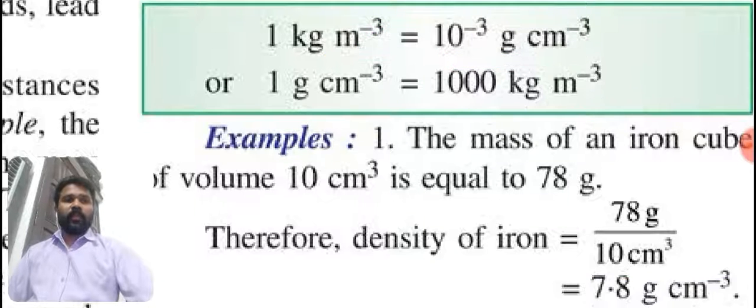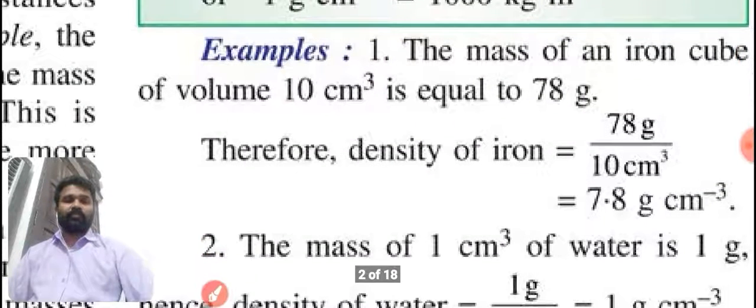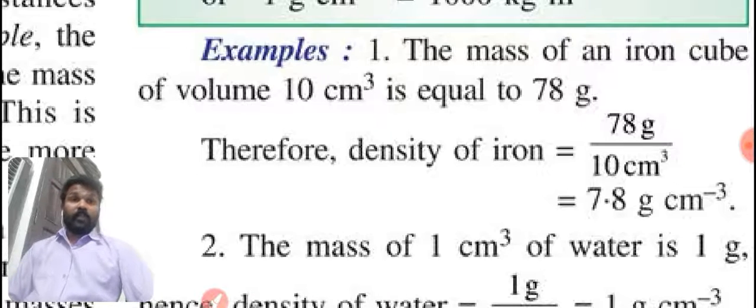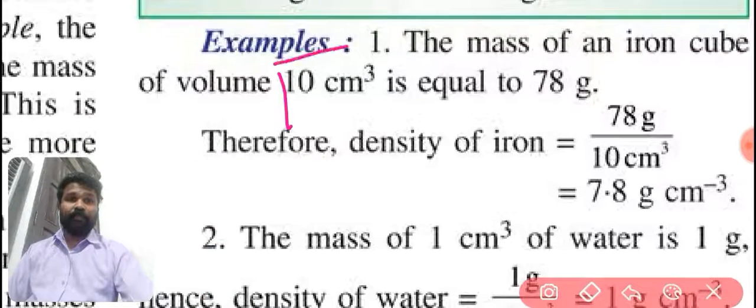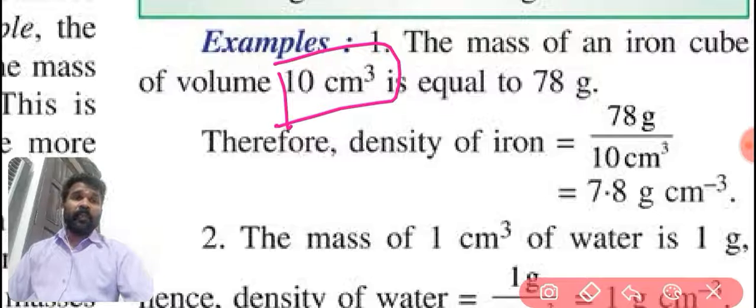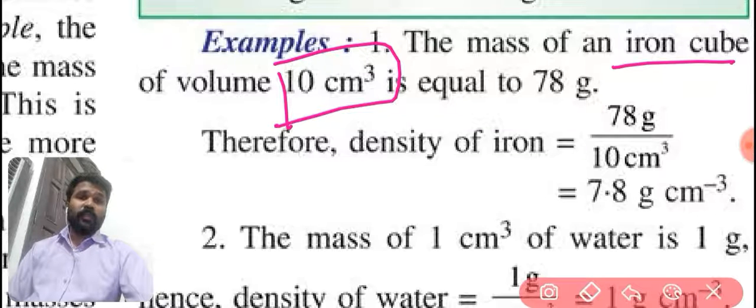Okay, here we can discuss some examples. Example 1: the mass of an iron cube of volume 10 centimeter cube is equal to 78 gram.